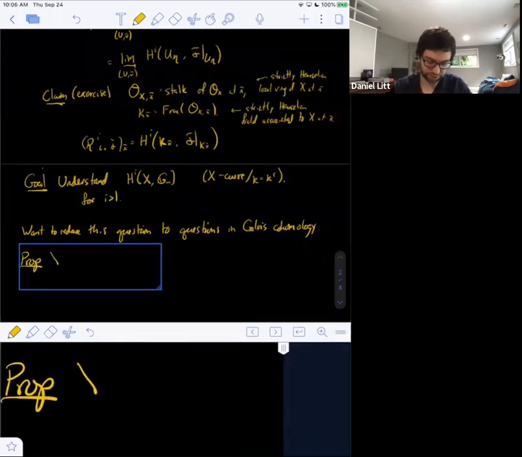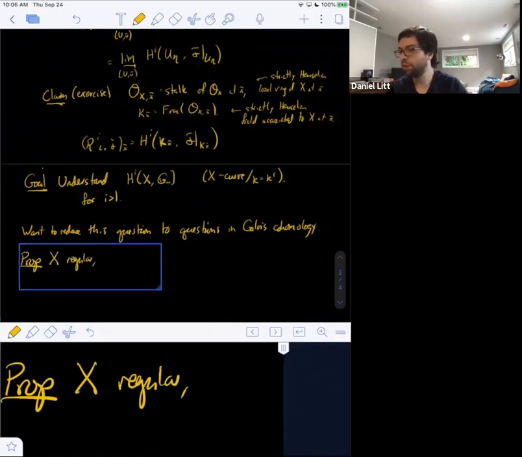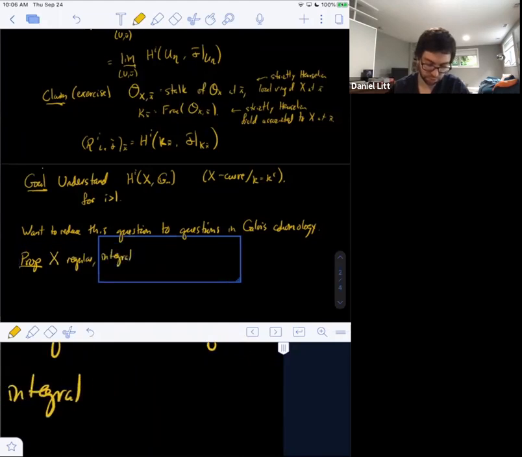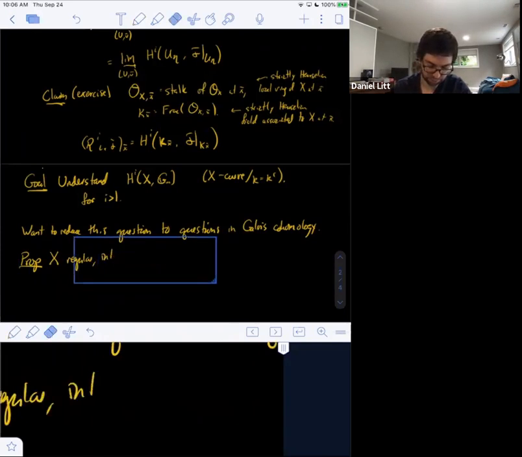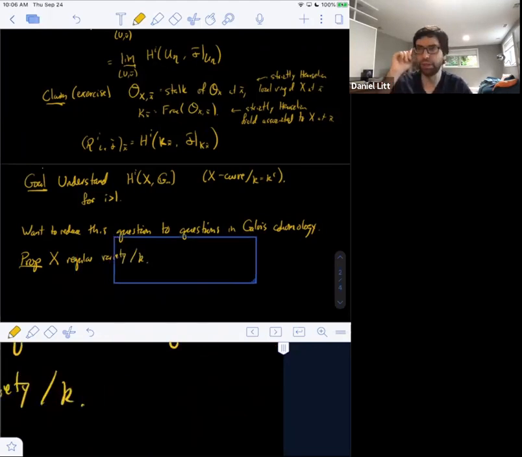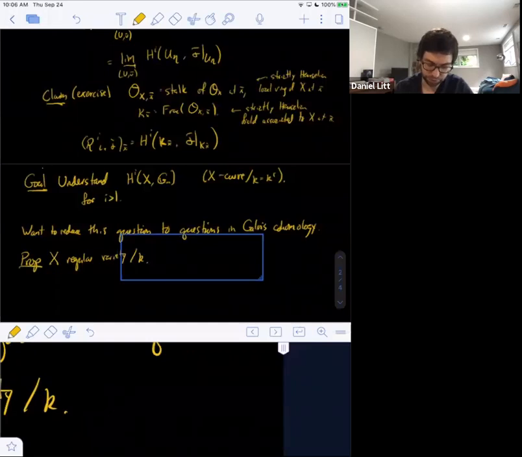Let X be a regular integral variety over a field K. The proposition will hold in slightly more generality than that, but let me state what we're going to use.